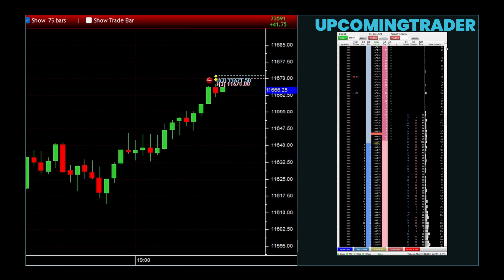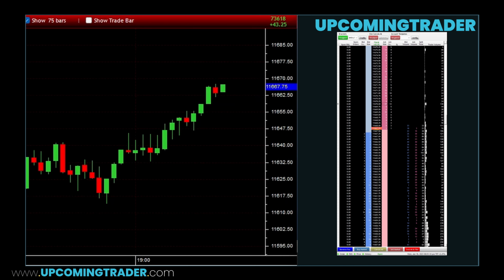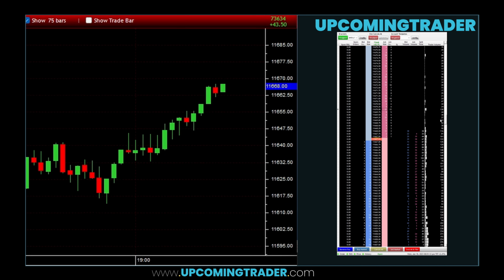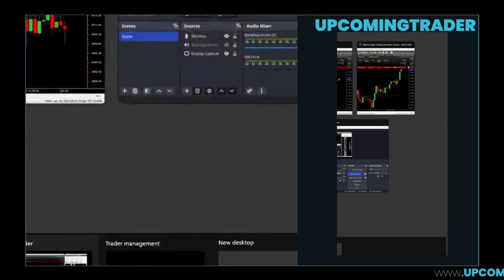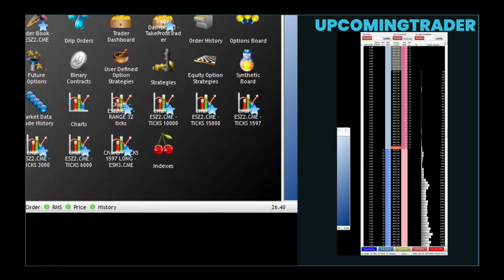Double tops and double bottoms often signal a reversal, especially when the volume profile confirms that there was significant trading activity at those levels. This indicates that market participants were actively defending those price levels. Another mistake is misunderstanding the head and shoulders pattern.